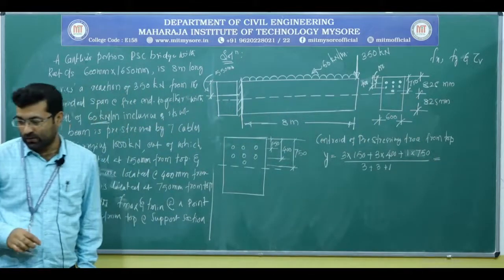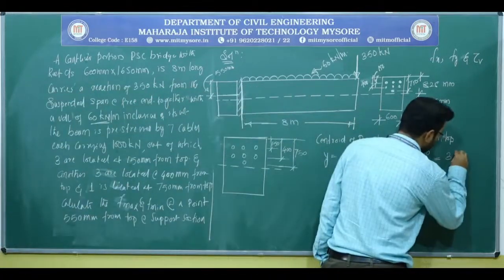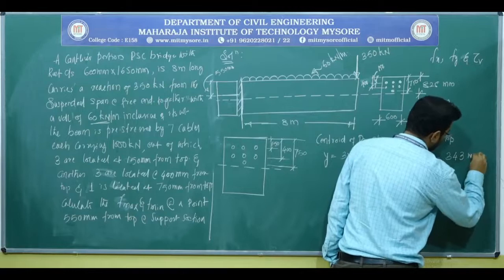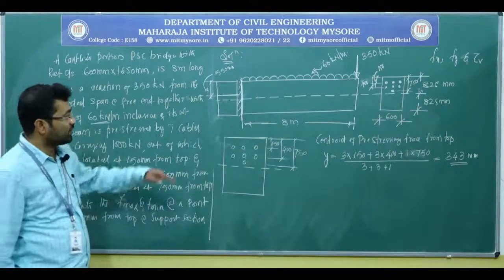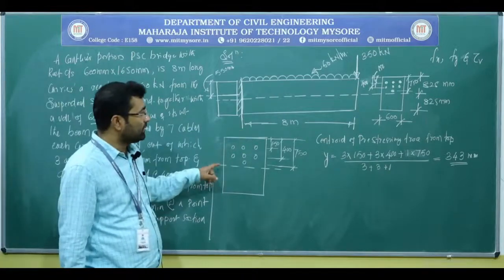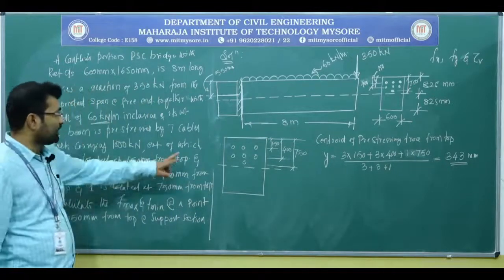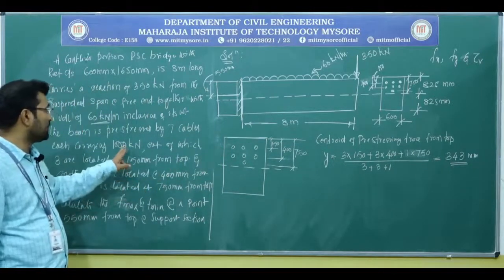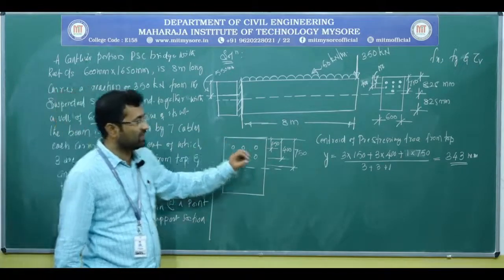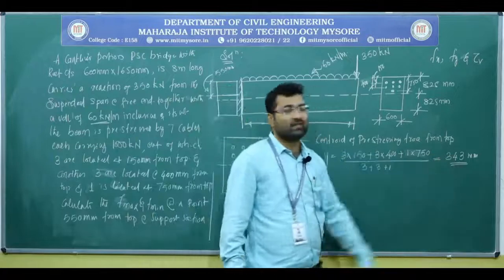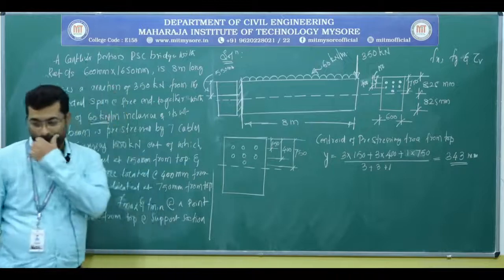So which yields about 343 millimeter. So I can say that exactly at a distance of 343 millimeter from the top, the entire pre-stressing force is concentrated. In each cable we have 1000 kilonewtons, so totally 7000 kilonewtons of pre-stressing force is concentrated at a distance of 343 millimeter from the top, right?